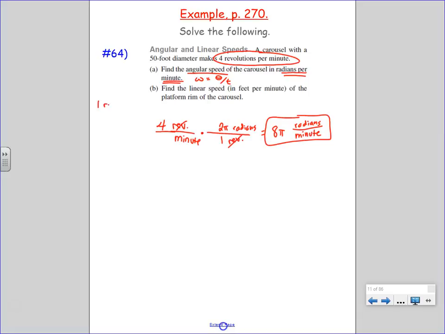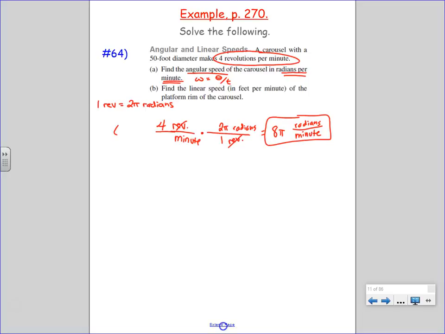So just in case you weren't exactly sure why we did what we did yesterday, 1 full revolution equals 2 pi radians, right? Now how did I use that to build a bridge? What was I getting rid of? I didn't want revolutions. I did want radians. So I went ahead and oriented my little equivalent statement to have the radians on top, the revolution on bottom, cancel, cancel, multiply, done.